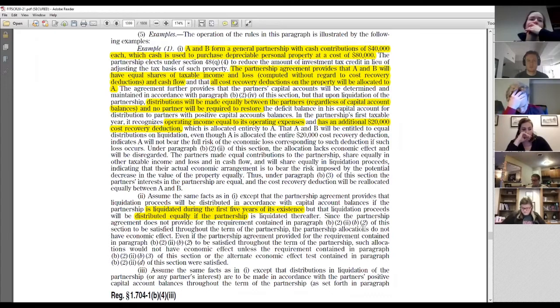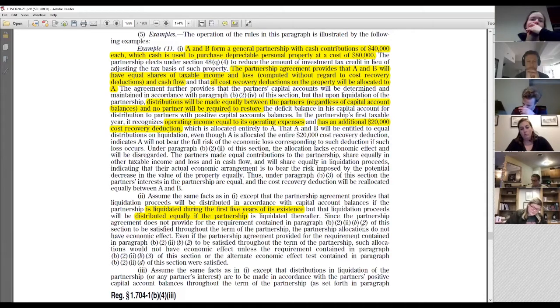This is a harder PIP reallocation, and it likely depends on, let's put it this way, if there's a high degree of certainty that the partnership's going to last at least 5 years, so we're going to get into that 50-50 liquidation, then it looks like before, it's going to be 50-50. If it's likely to be liquidated within 5 years, then the capital accounts will control, and then it's more likely that the allocation to A would be in accordance with PIP.